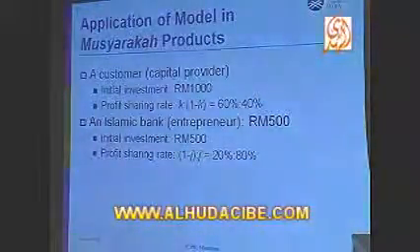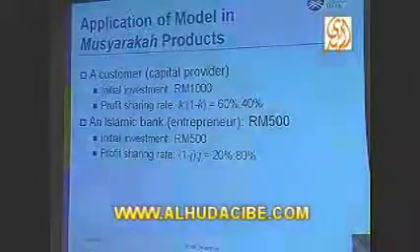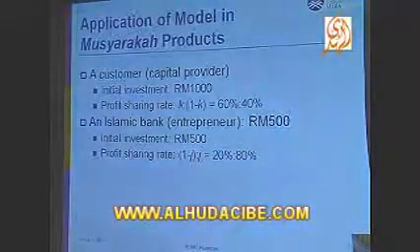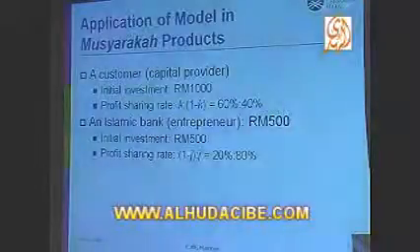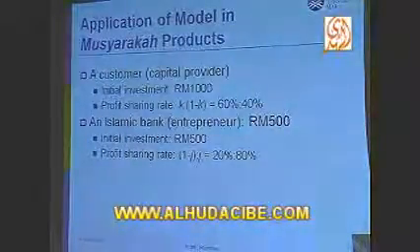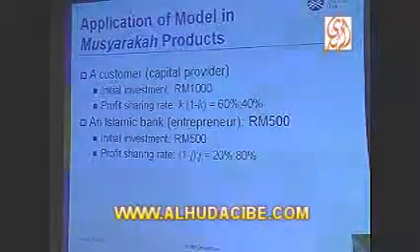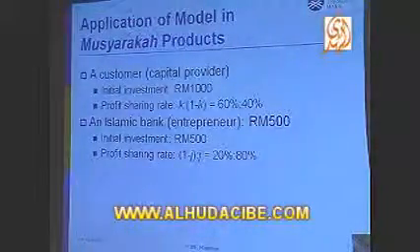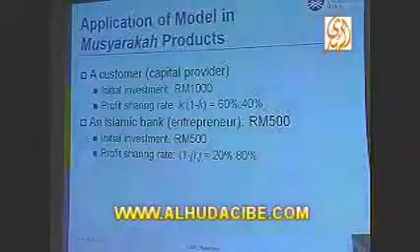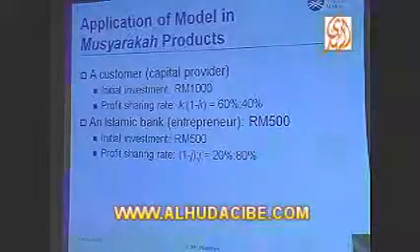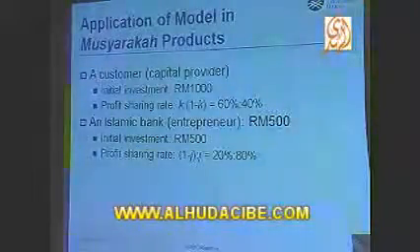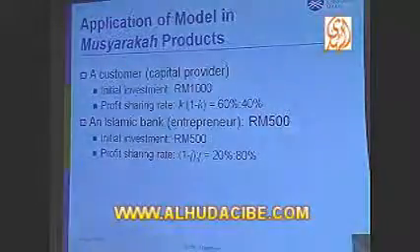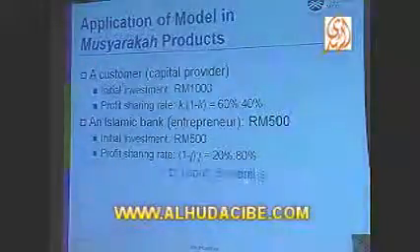We cannot divide it as 60%, 40%, because the bank, as the entrepreneur, will have the sleepless night thinking about how to invest the money. So that is to give them credit in order to invest, so they can take a bigger portion of the profit from their own capital.